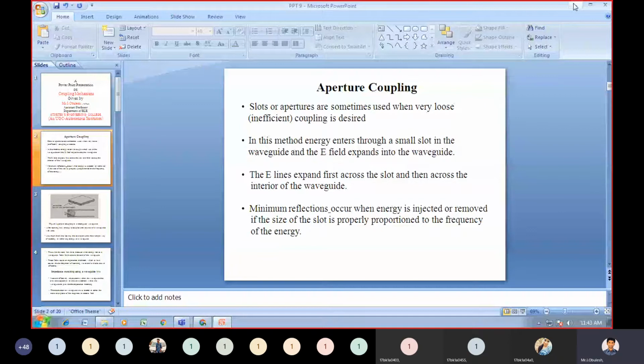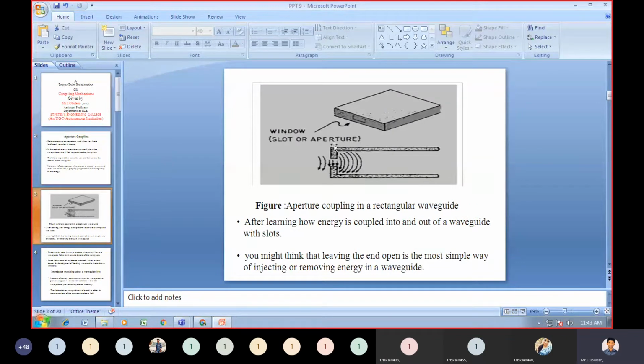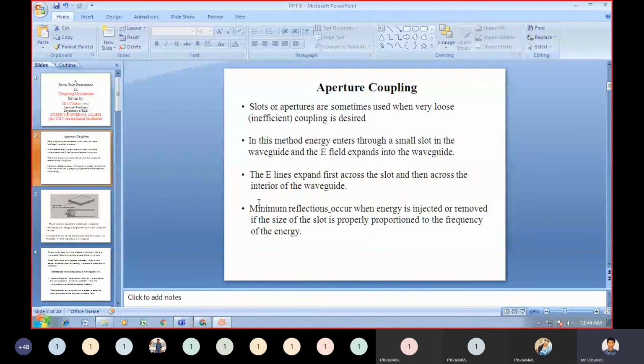So in this method, when the energy enters through a small slot in the waveguide, see the diagram here, when the energy enters with small slots in the waveguide, the E field, electric field, expands into the waveguide.